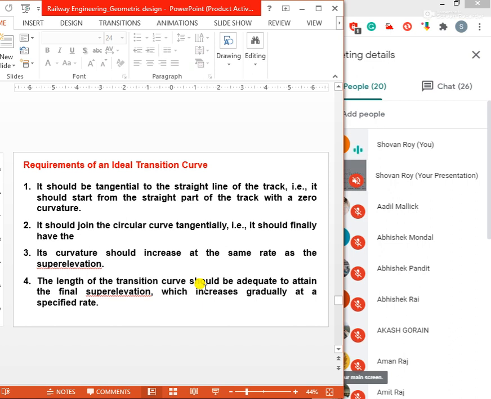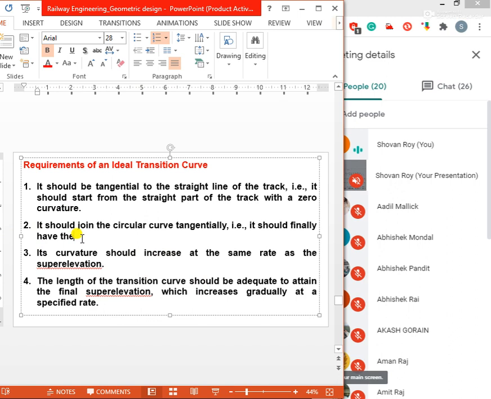Number 1, it should be tangential to the straight line of the track, that is, it should start from the straight part of the track with zero curvature. Number 2, it should join the circular curve tangentially, that is, it should finally have the same curvature as that of the circular curve.